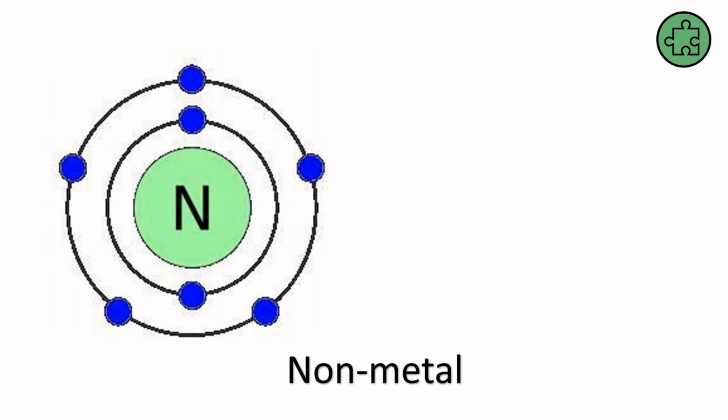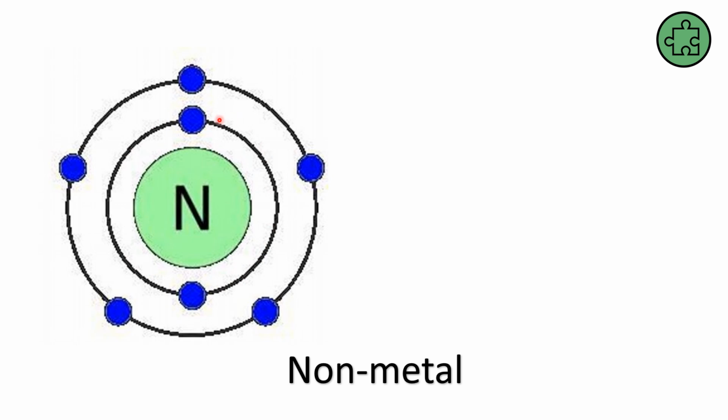Here's nitrogen. Now, nitrogen is a non-metal. It has 1, 2, 3, 4, 5 electrons in its outer energy level. That tells me it's group 5. Now, it could try to find 3 more electrons to fill it up, or it could lose 5 in order to get rid of this energy level and make this the outer energy level and make it stable.